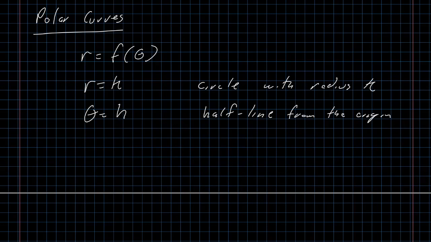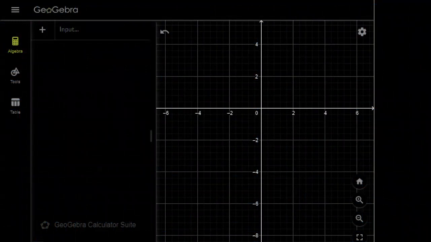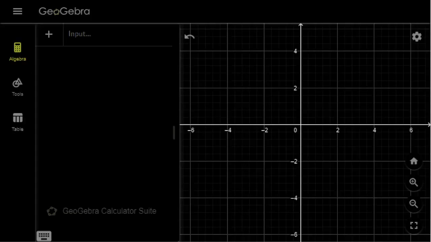So let's jump back over to GeoGebra, and actually I guess I have to zoom out a little bit further here. There we go. Now you can see the thing that I care about, which is this keyboard icon at the bottom of the screen.